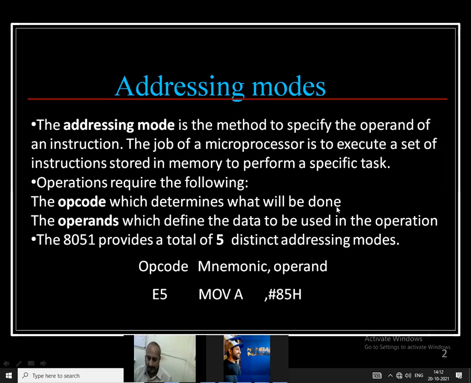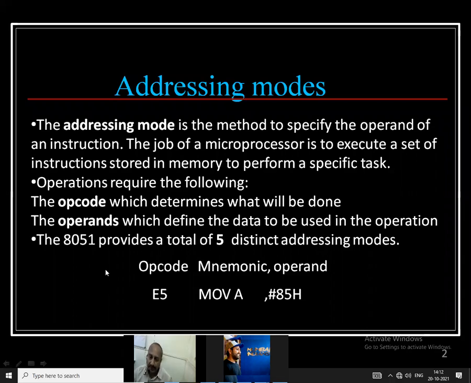How does the hardware understand what has to be done? Through this opcode. The next one is the operand. The operands define the data to be used in the operation, that is, on which data what process has to be done. That is defined by the operand. So these two are very important.